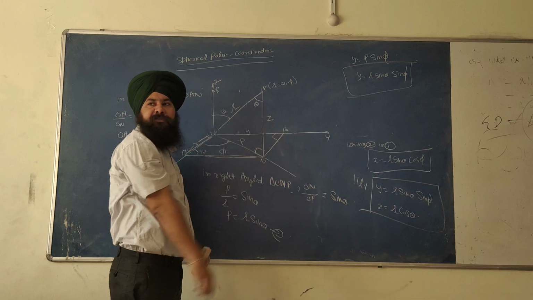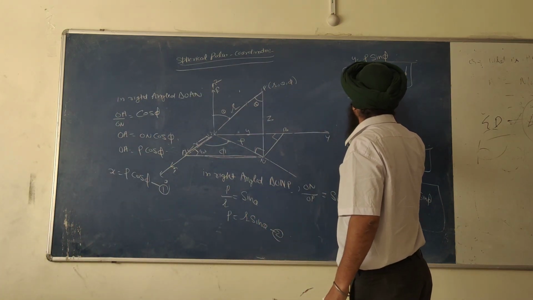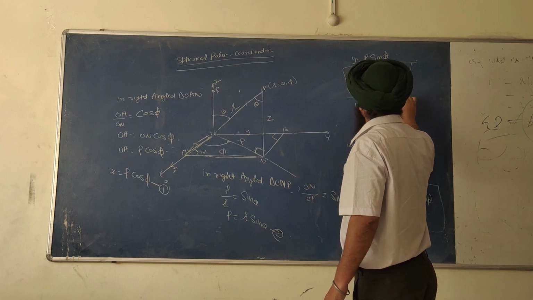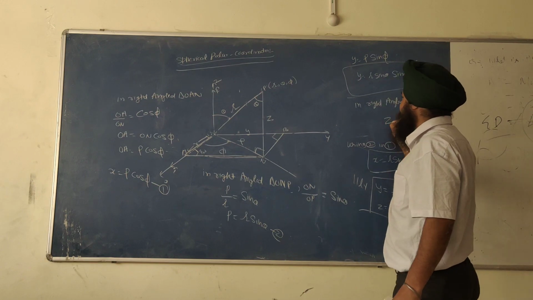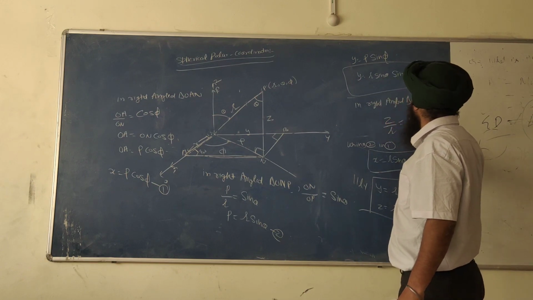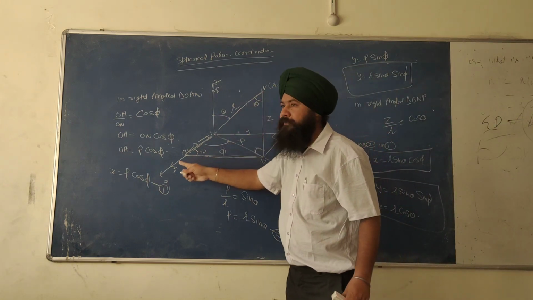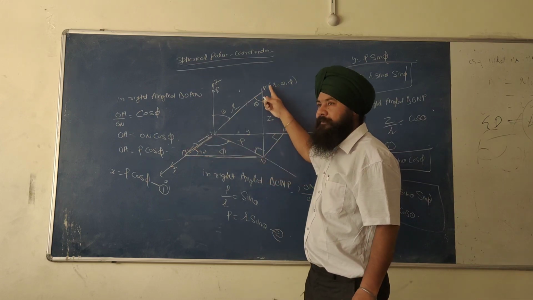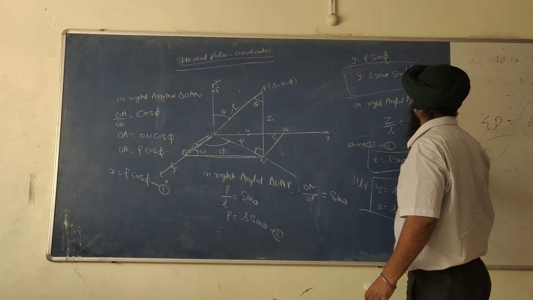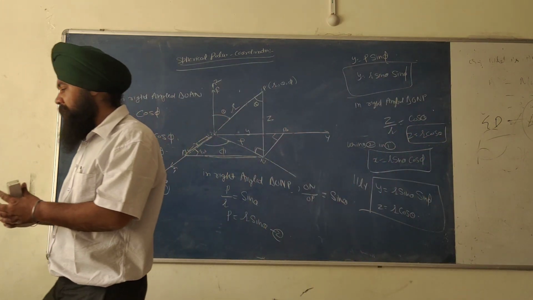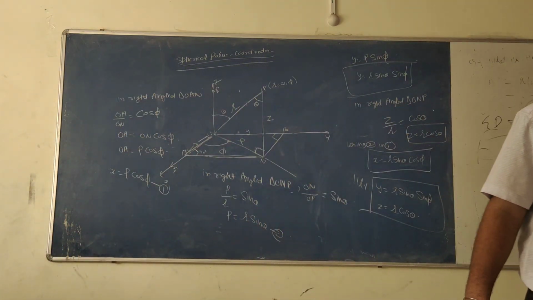This is the base, this is the hypotenuse, in the right angle triangle ONP. What is z? z is equal to r cos theta. So that is how you can derive a relationship between the Cartesian coordinate system and the spherical coordinate system.